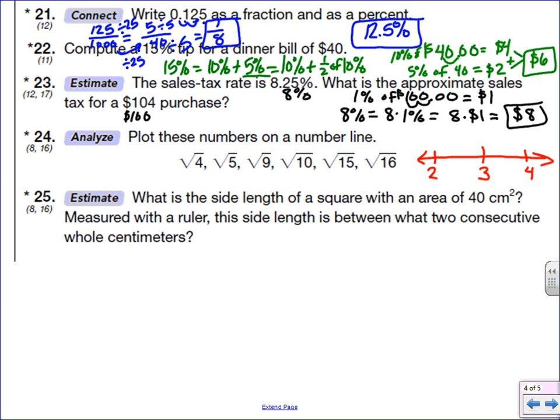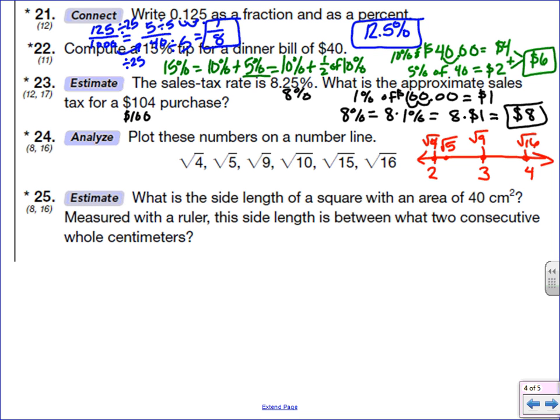So square root of 4 is 2. Square root of 9 is 3. And square root of 16 is 4. So square root of 5 is going to be closer to 2 than 3, because 5 is closer to 4 than 9.